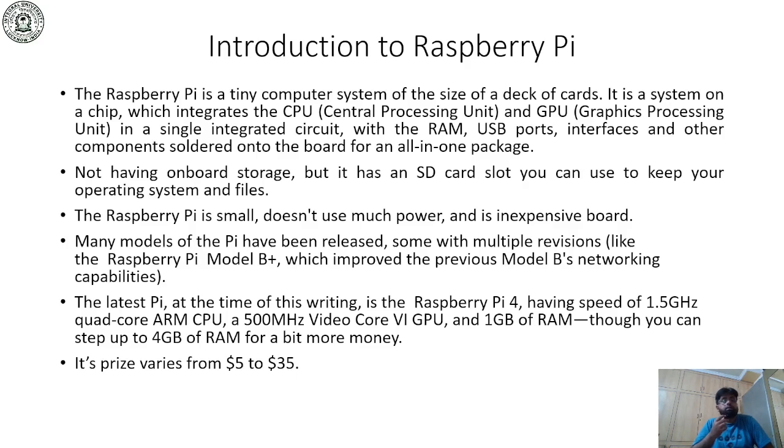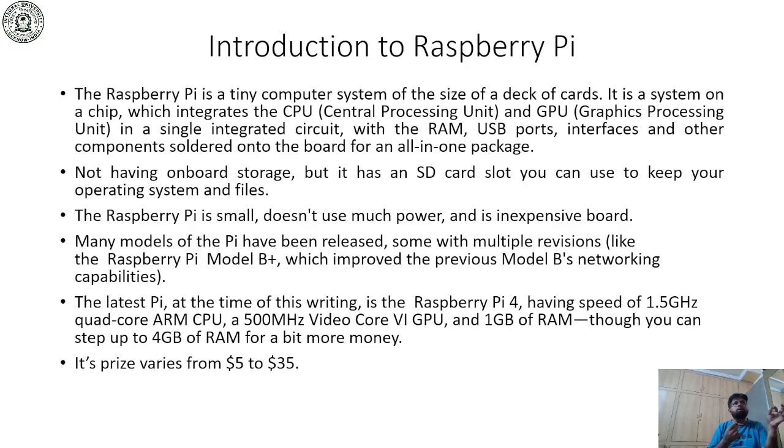The third point is that the Raspberry Pi is small, doesn't use much power, and is an inexpensive board. Okay, clear. The fourth point is the power supply. For the power supply to the Raspberry Pi, you can simply use the cable of your mobile charger.